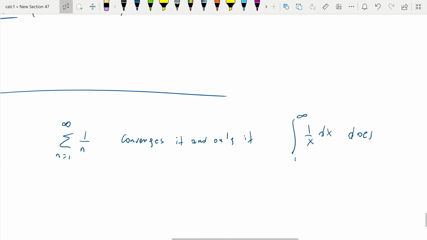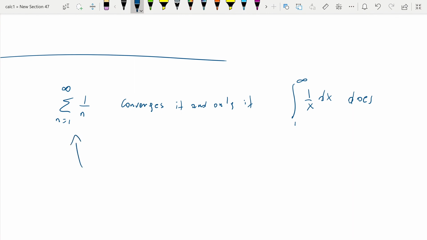Well, we know that by virtue of the previous example, this doesn't, and this does not either.